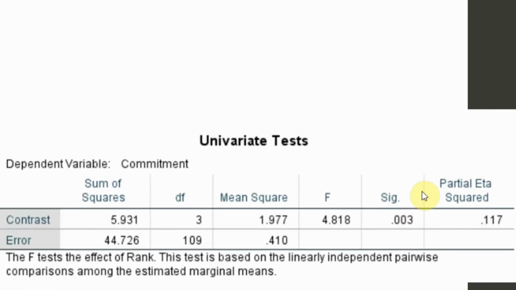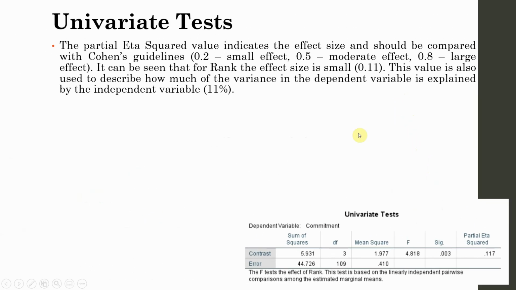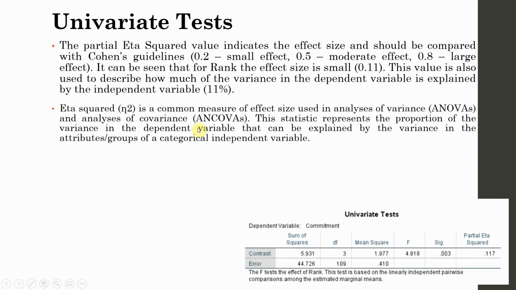So what is this univariate test? We have already looked into the eta square, that is 0.117. This shows that 11.7% change in commitment can be accounted to job rank. So this is your partial eta square, analogous to your R square in regression. Now, eta square is a common measure of effect size used in the analysis of variance and analysis of covariance.